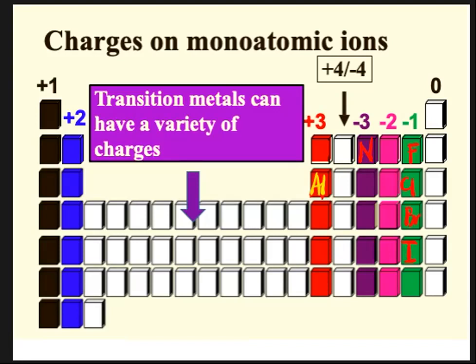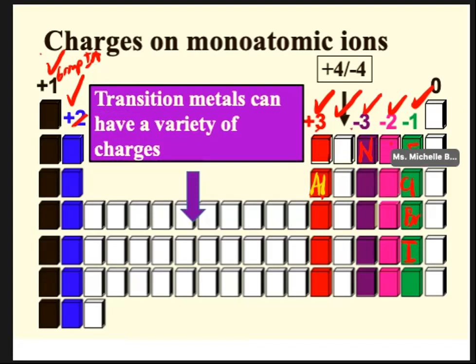Now, these are, I'll mark check, these are our representative elements, group A elements. In your periodic table, there are periodic tables that use group A numbering. So group 1A, 2A, 3A, 4A, 5A, 6A, 7A.